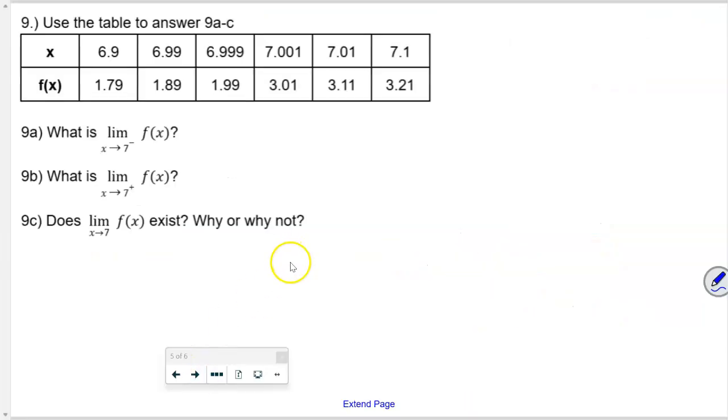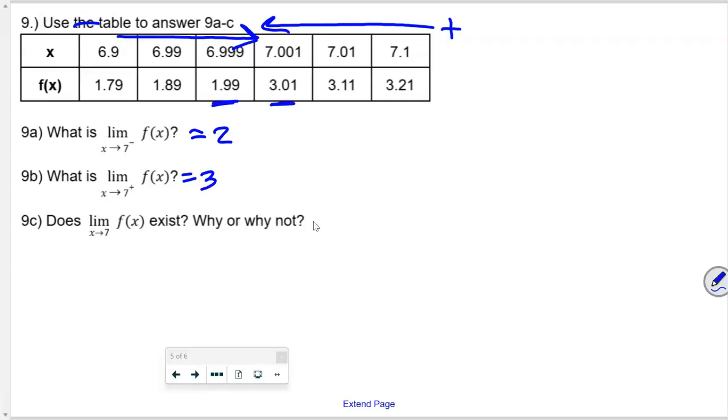All right, so number 9 says use the table to answer these. So the limit as x approaches 7 from the negative direction, so we're talking about going here, right? Isn't this 2? And the limit as x approaches 7 from the positive side, remember these are all positive numbers, these are all negative numbers over here. So that was approaching 2 there, this one's approaching 3 there.